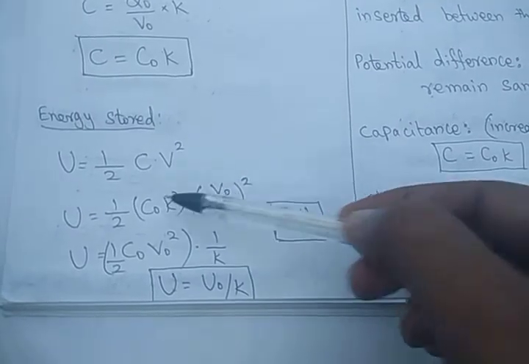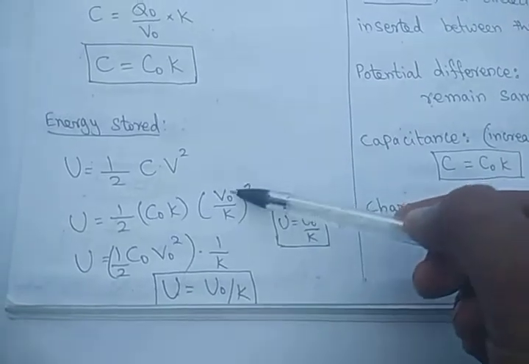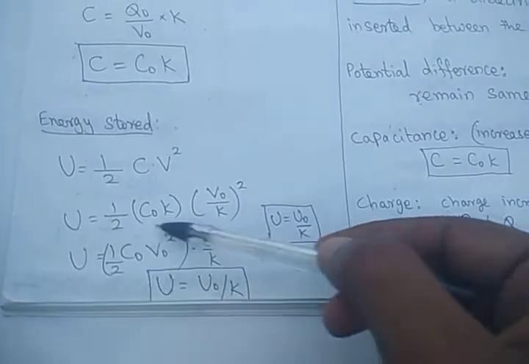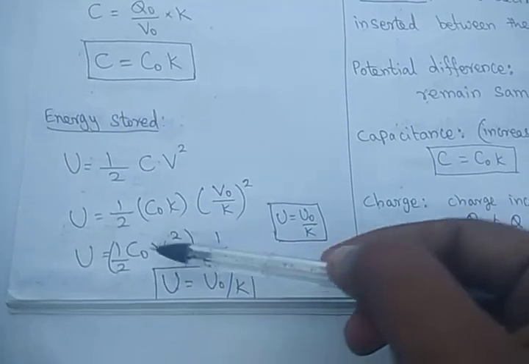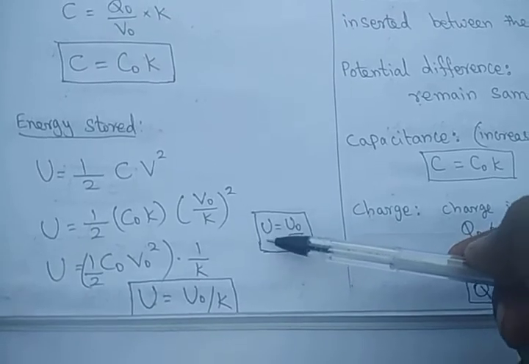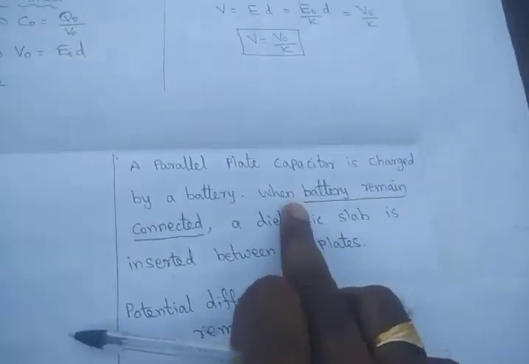One K and this K will get cancelled, and only one K will be available. So 1 by 2 C0 V0 squared is the energy stored before the dielectric slab is inserted, that is U0. Hence the energy stored after the dielectric slab is inserted is U0 by K. So now consider another situation.